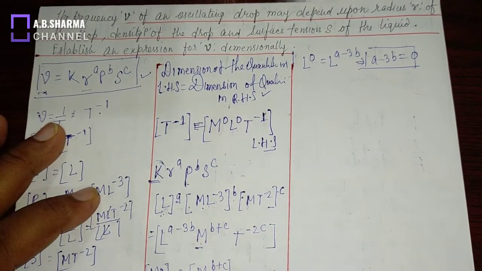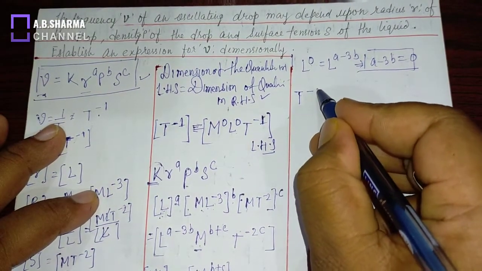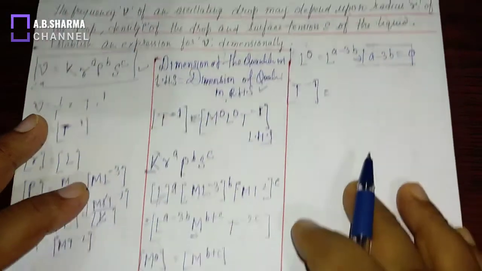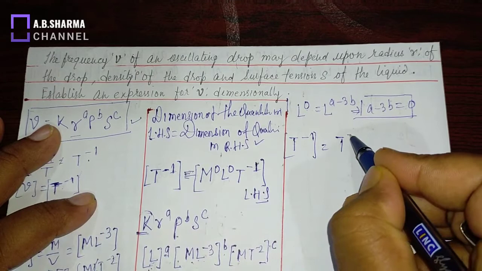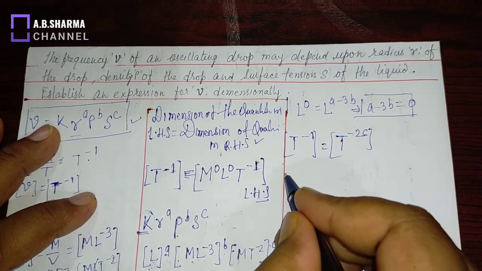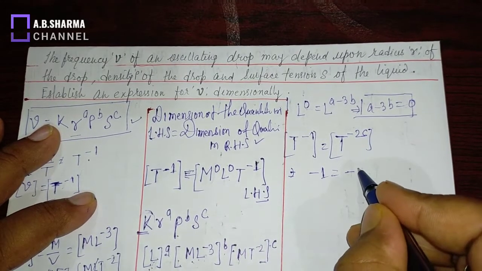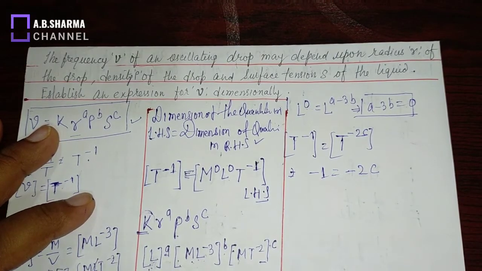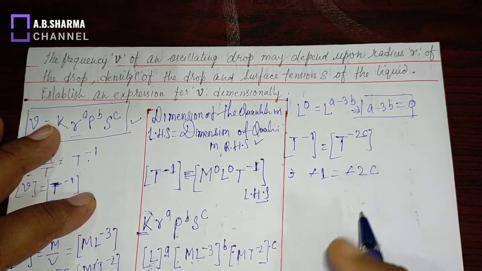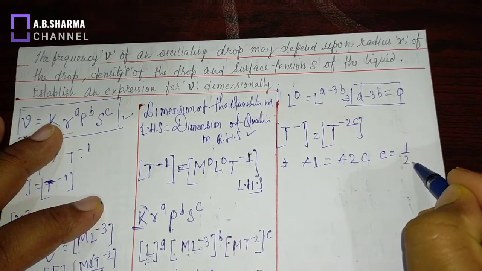Now the third one is the power of T. On the left hand side, the power of T is minus 1. On the right hand side, the power of T is minus 2c. So from this we can write minus 1 equals minus 2c. The minus signs from both sides will be eliminated, so the value of c will be 1/2.